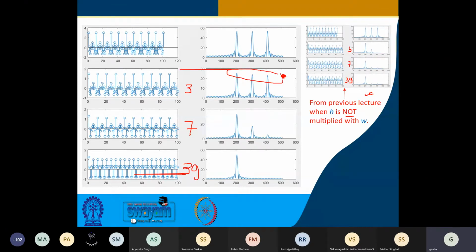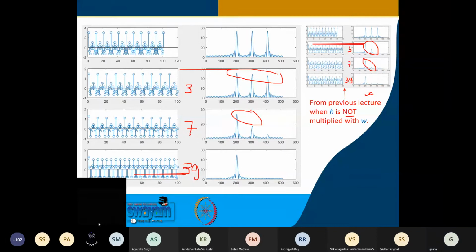So here and here, same order, no? Here and here, right? Why is it more? As the transition width is more here. So the transition width is more. Good. Right.